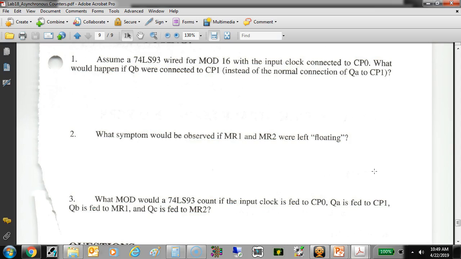This drawing application that comes with the recorder is just not too good. We're ready? Y'all got it? So this is reset 0. This is reset 1. So we're going to take B to reset 1, and we're going to take C to reset 2.